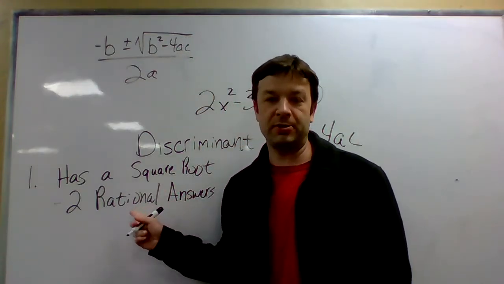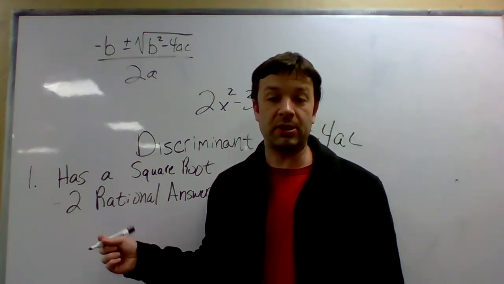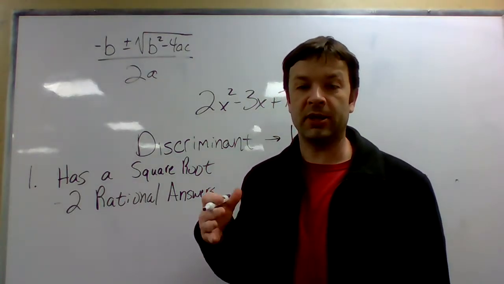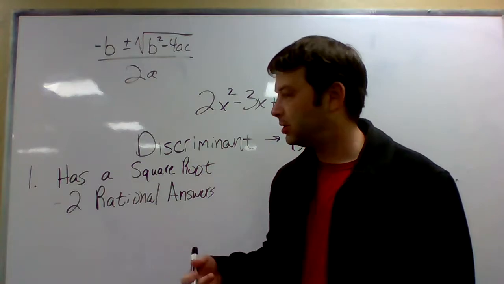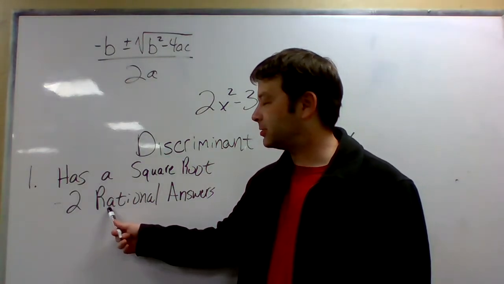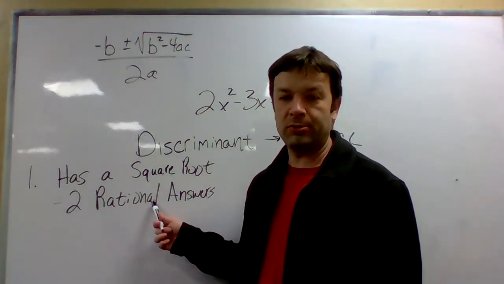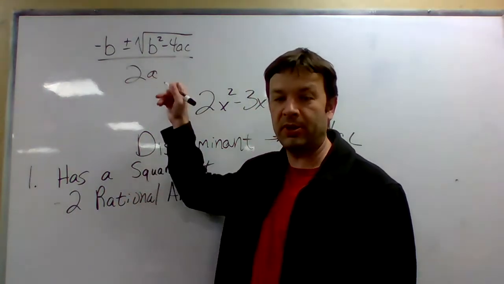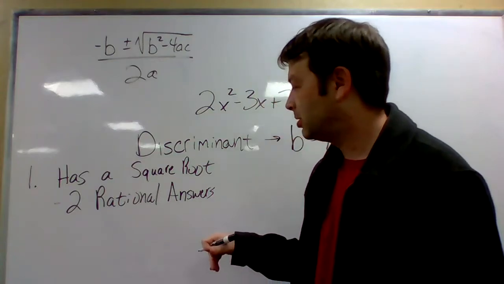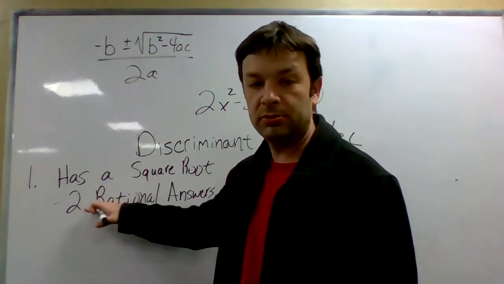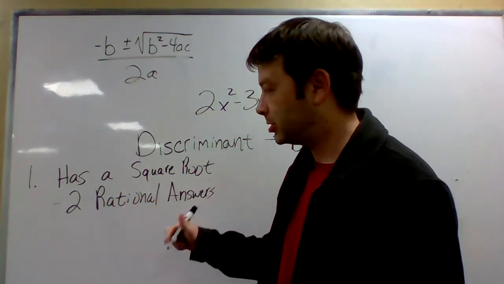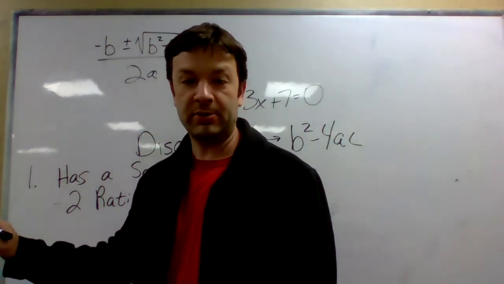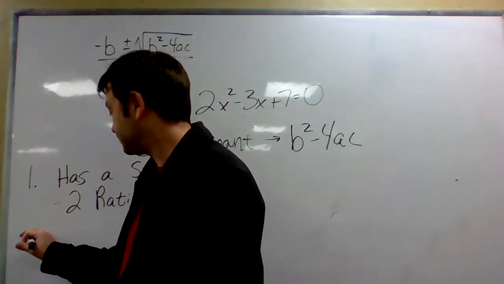Okay, rational, you guys might have forgot, is just anything that can look like a fraction or a whole number or an integer. So rational is like a normal answer basically. So if we get something that has a square root up here, we're going to get two rational answers, two normal answers. That's what happened last week, almost every time.